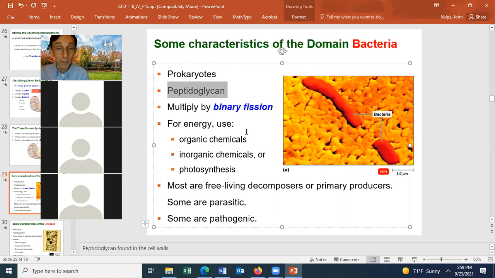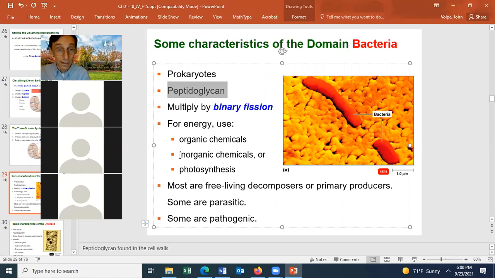For energy use, the bacteria can get their energy needs from all of the sources. They can get their energy from an organic chemical, and that's what we do. We get our needs from glucose and other food. That's an organic chemical. And E. coli does that. Some bacteria can get their energy needs from an inorganic chemical, and that can be sulfur or nitrate or hydrogen sulfide or iron.